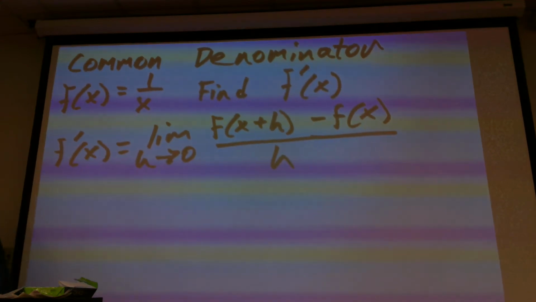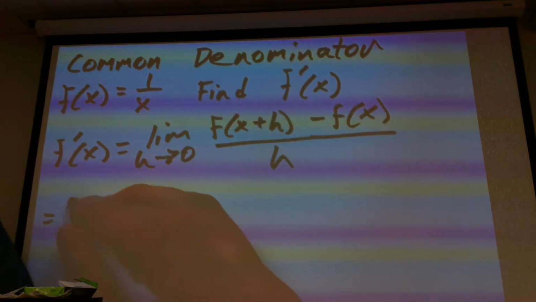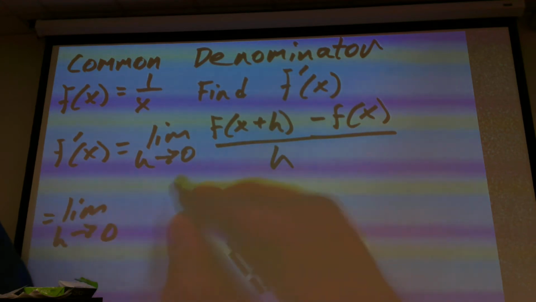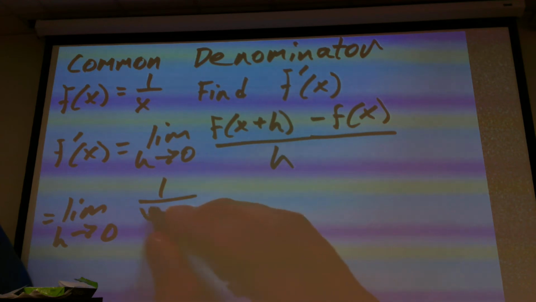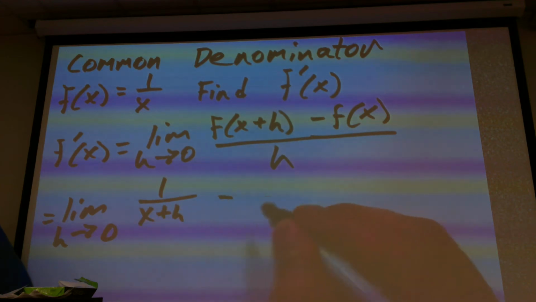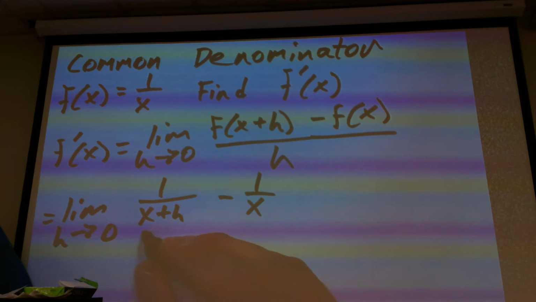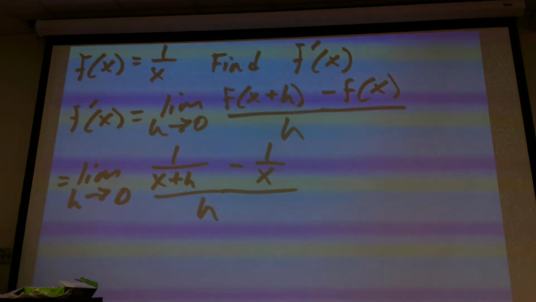So this would equal the limit as h tends towards 0 of 1 divided by x plus h minus 1 divided by x, now divided by h.